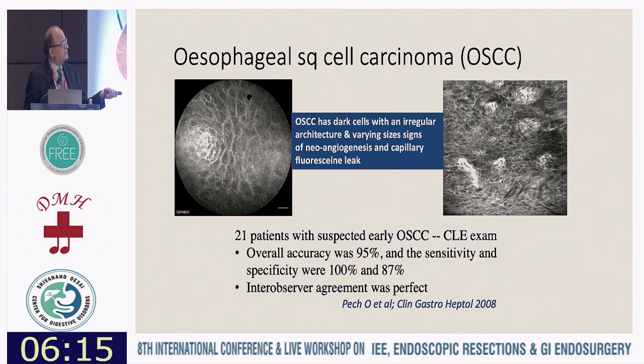But this is a disease which is not so prevalent, and in a 21 patient study where squamous cell carcinoma was suspected, overall accuracy was very high, the specificity and sensitivity were really high, and inter-observer agreement was almost perfect. So it is easy to diagnose esophageal squamous cell carcinoma with the CLE.